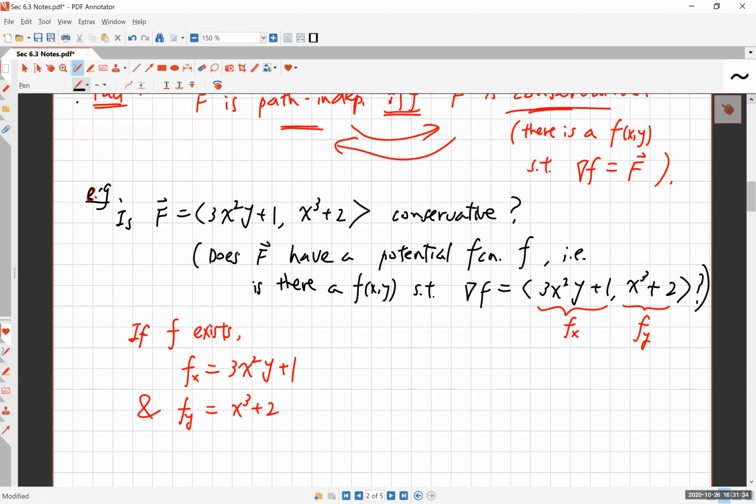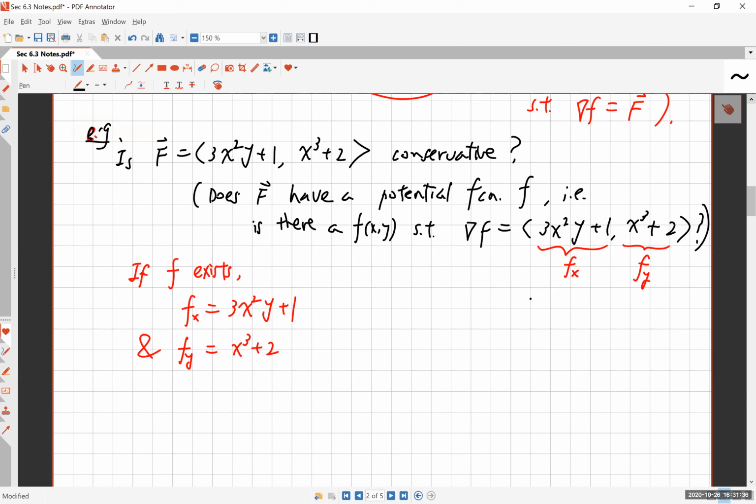So let's see if we can find it, and I think you can. I don't think I have to teach you a new trick to do this. I mean, it is sort of a new trick, but I think you can figure this out on your own. If the partial derivative of f with respect to x has to be 3x squared y plus 1, then f must have the form what? Well, after taking the derivative with respect to x, you have 3x squared y.